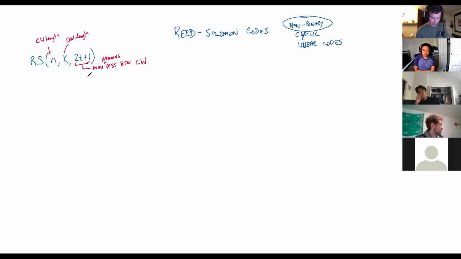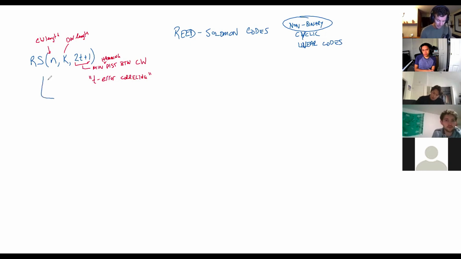So when you see this, I want you to think this is a t error correcting code. Right, our Hamming 7,4 had a minimum distance of 3, which meant that it was a 1 error correcting code. Okay, so that's the notation.